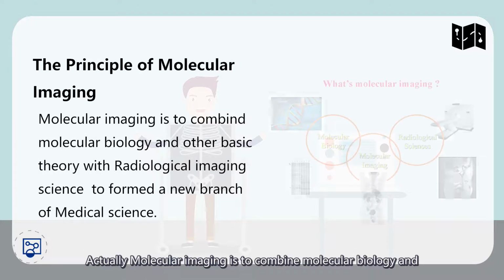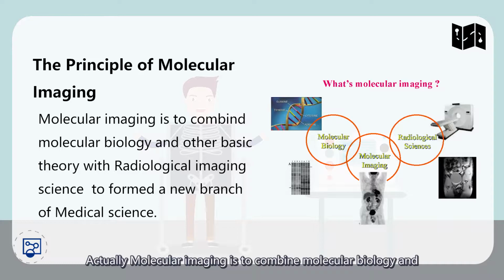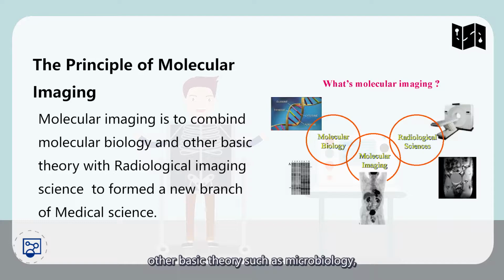Actually, molecular imaging is to combine molecular biology and other basic theories such as microbiology with radiological imaging science, for example, CT, MR, and nuclear medicine. This radiological imaging science forms a new branch of medical science.